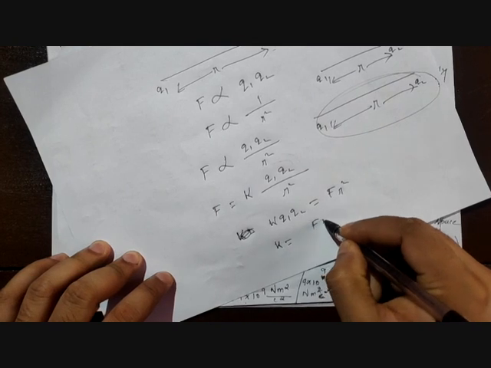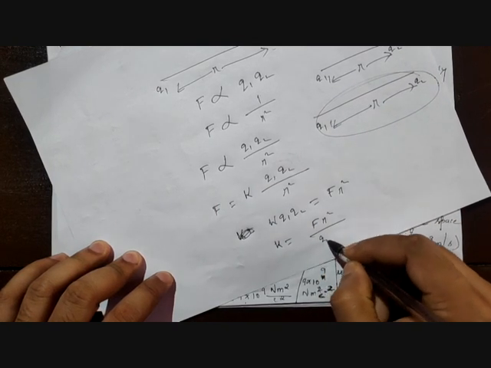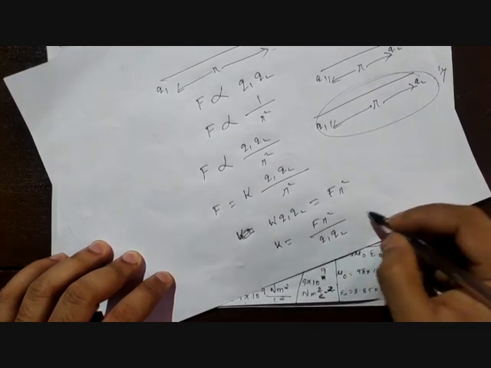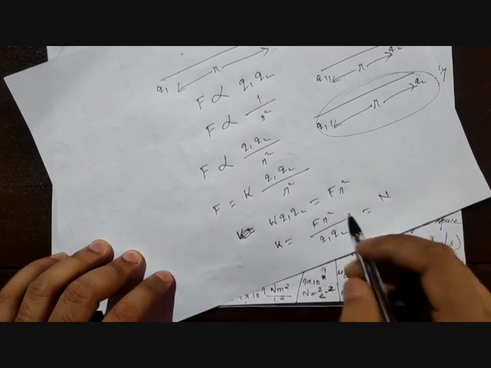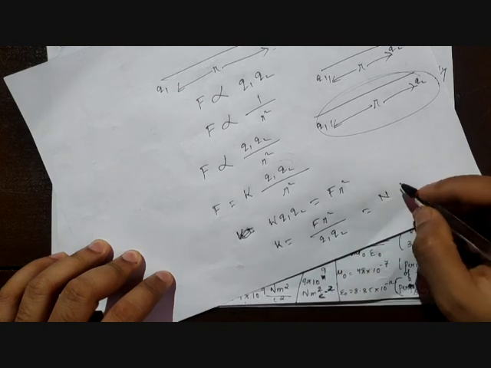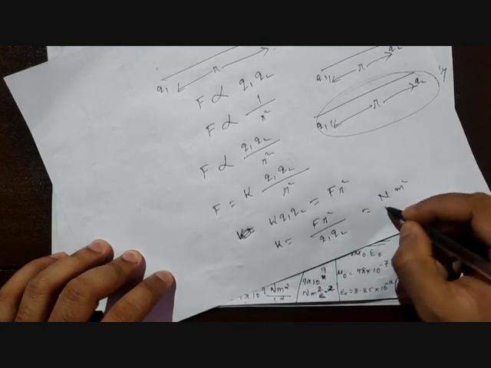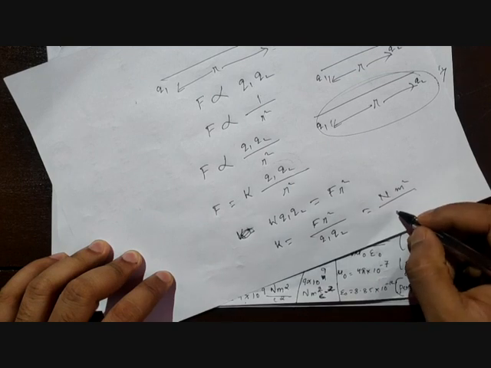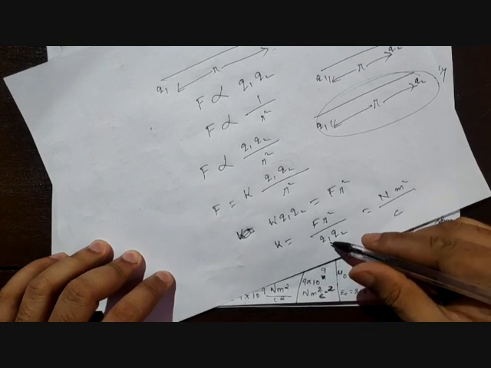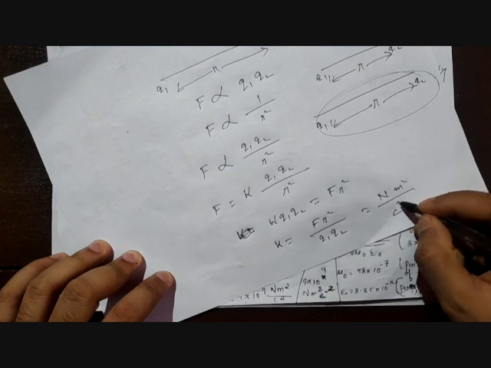So k equals F r square over q1 q2. What's the unit of force? Newton, right? What's the unit of r square? Meter square, right? Now for the two charges, the unit of charge is Coulomb, so Coulomb square.